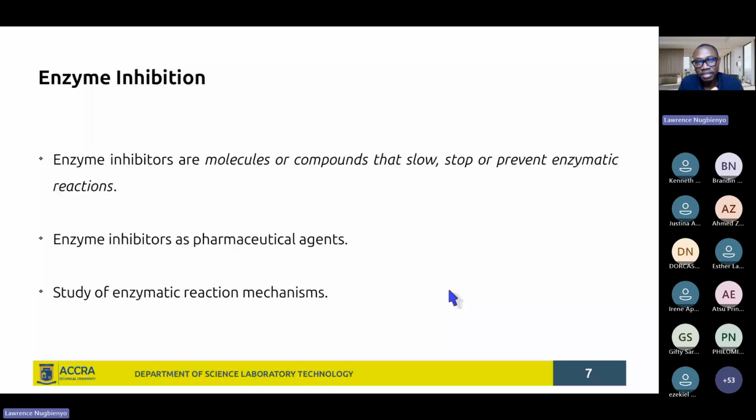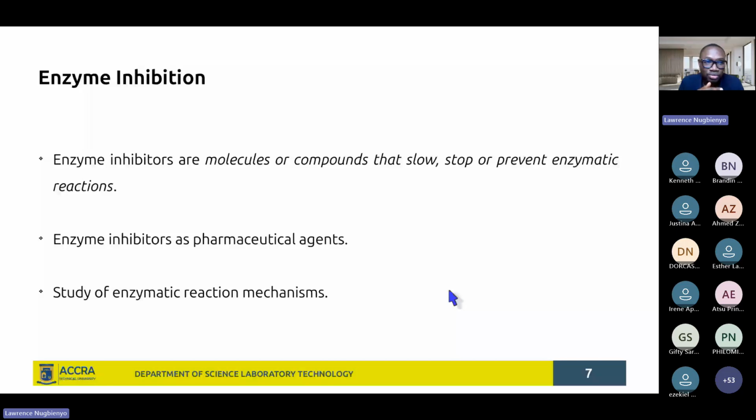Enzyme inhibition can also be used to study enzyme reaction mechanisms. I mean, that is to sometimes study what will be the activation center. If you know a particular inhibitor molecule that you are using, what can it bind to, or just to slow down a reaction to be able to study it more steadily.